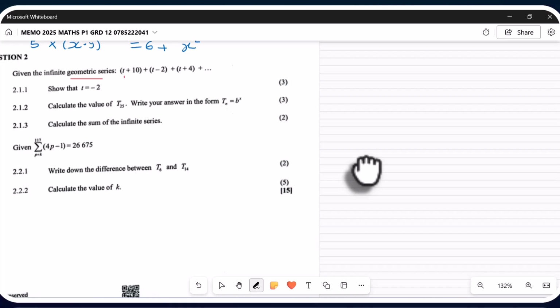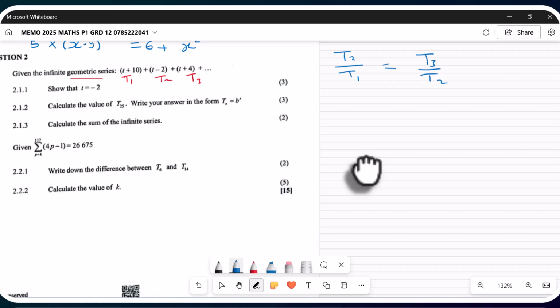But what's our t2 here? It is t minus 2. So t minus 2 multiplied by t minus 2 equals t1, which is t plus 10, multiplied by t3, which is t plus 4.